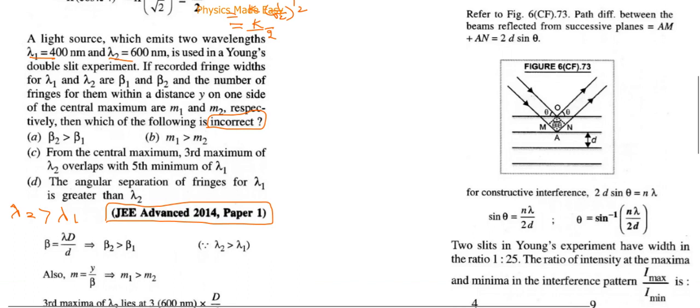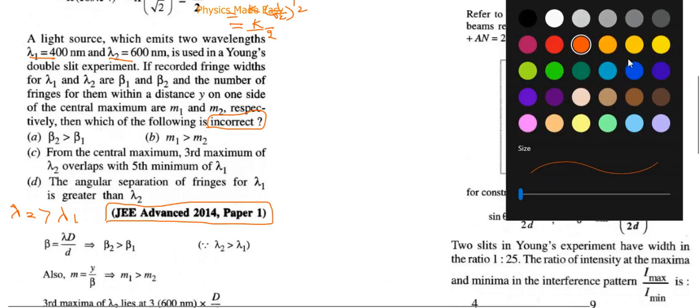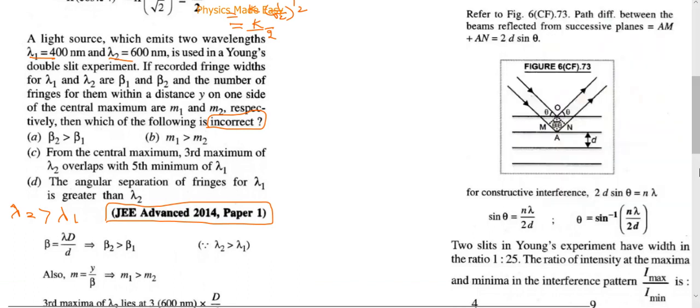For sake of change, I will change the color because otherwise things may mix up. Now we are well familiar with the formula that beta is equal to, this is a very basic formula of fringe width. So what I can see, this implies beta is directly proportional to lambda.